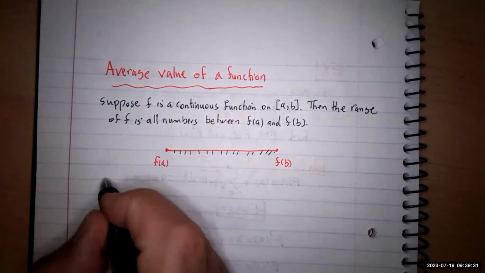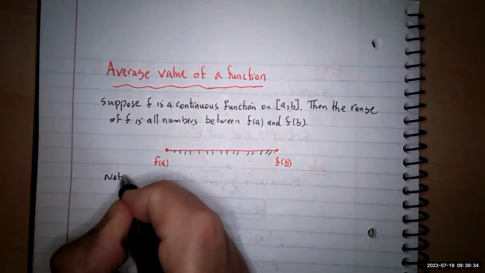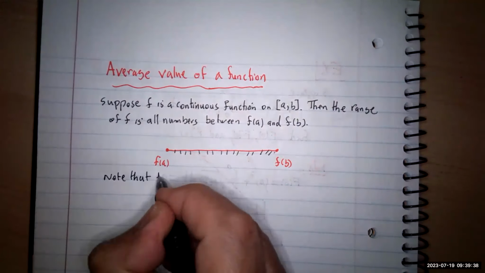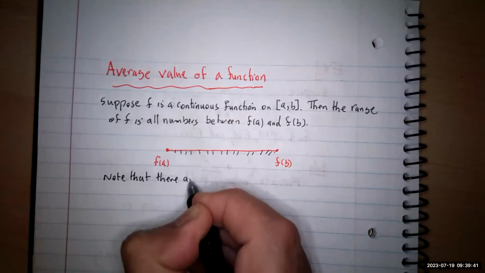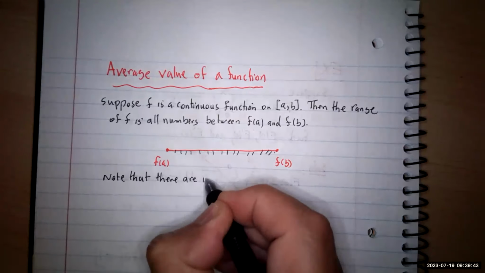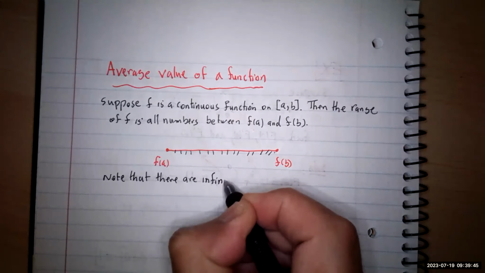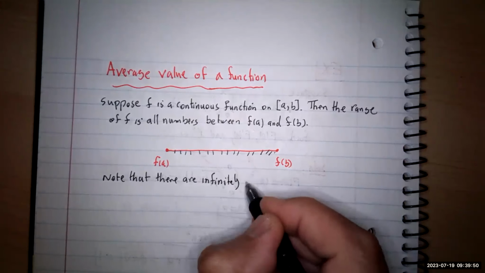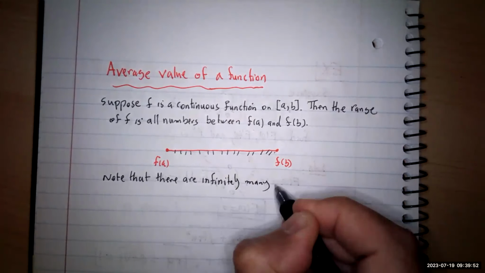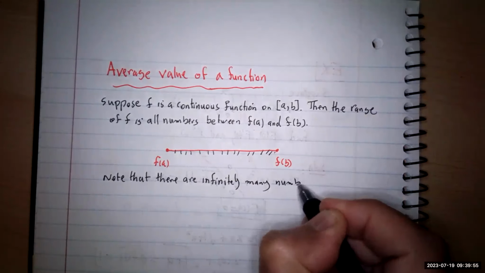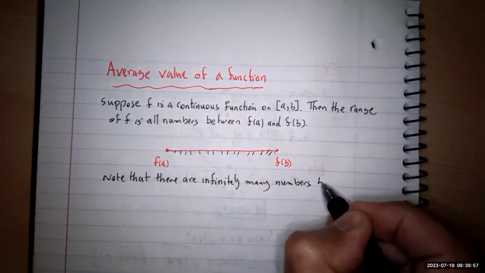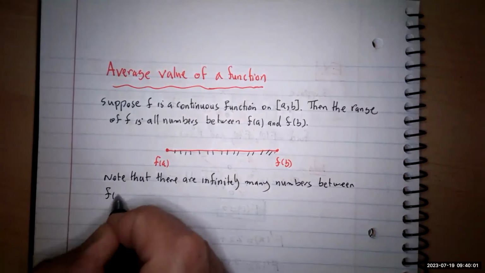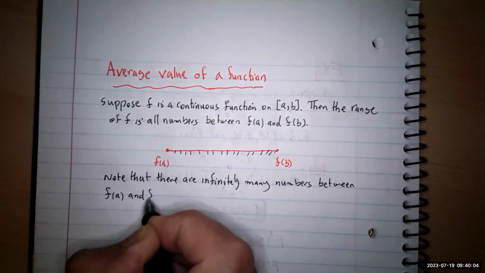Okay, so we note that there are infinitely many numbers in that interval between f of a and f of b.